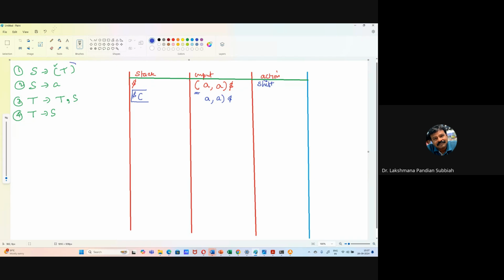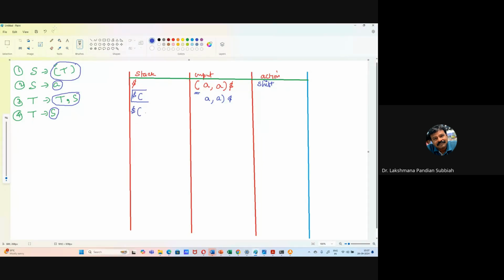The right hand side of the production rules is this one: a, or T comma S, or S. That full length you should have. Here only the open bracket is there. The single open bracket does not match the right hand side. So for the next step, you also have to do the shift action.